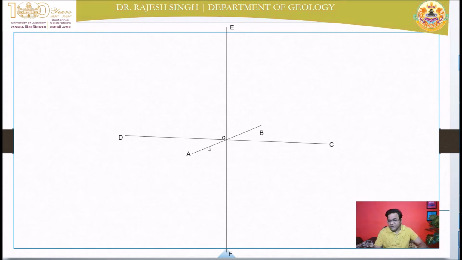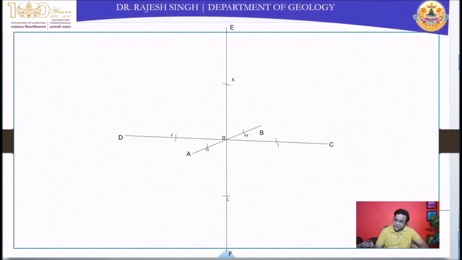So we have to mark the midpoint on both sides, positive side and negative side of the axis. Okay, so mark it. So these I, J, G, H, K, L are the midpoints of the A2, A1, and A3 axes respectively.